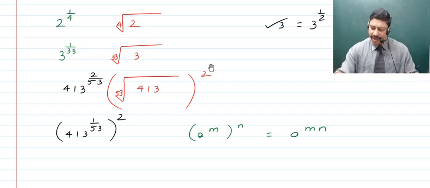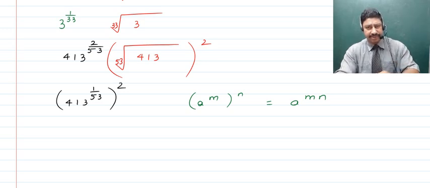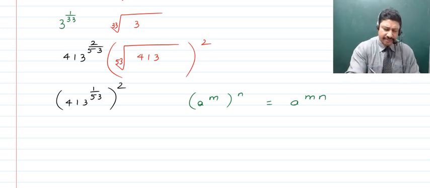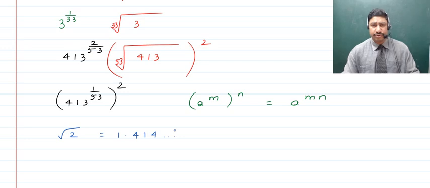Now whenever you talk about irrational numbers, they are those decimal numbers which are non-terminating and non-repeating. For that matter, if we try writing the value of root 2, it is 1.414, and if you try to find it out, you will find that it is a non-repeating and non-terminating decimal.